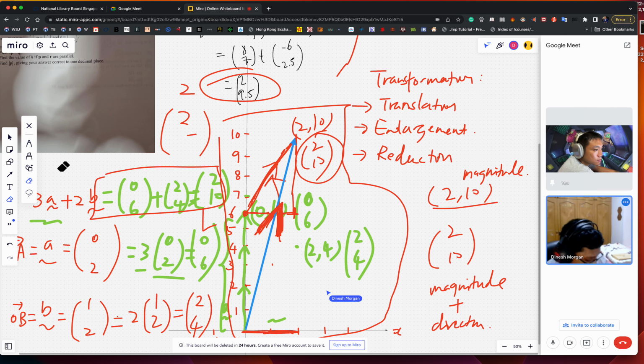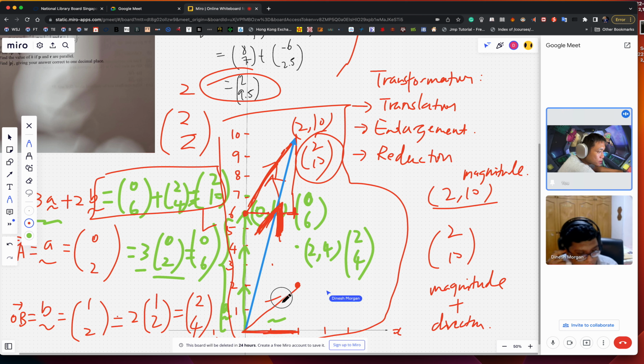That column vector 2 and 2 is here, right? So this is how you represent 2 and 2. But wouldn't the coordinate? For a coordinate, you don't have to show this arrow. You just join the points.